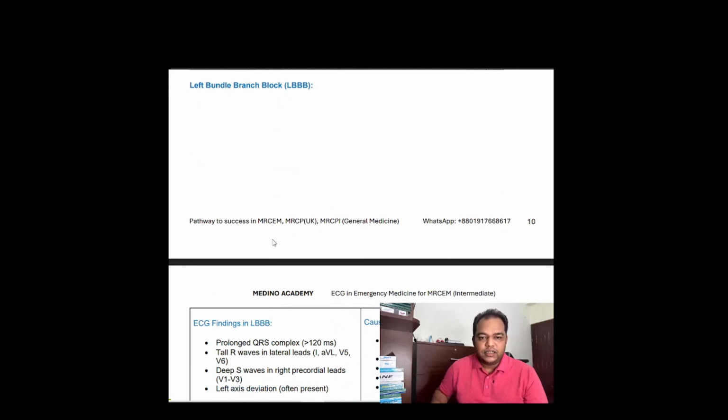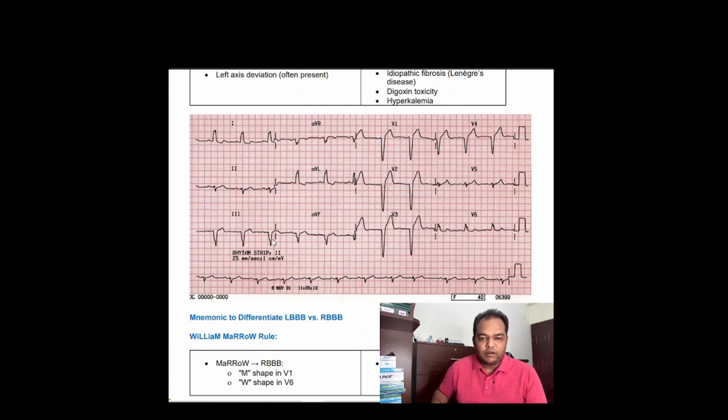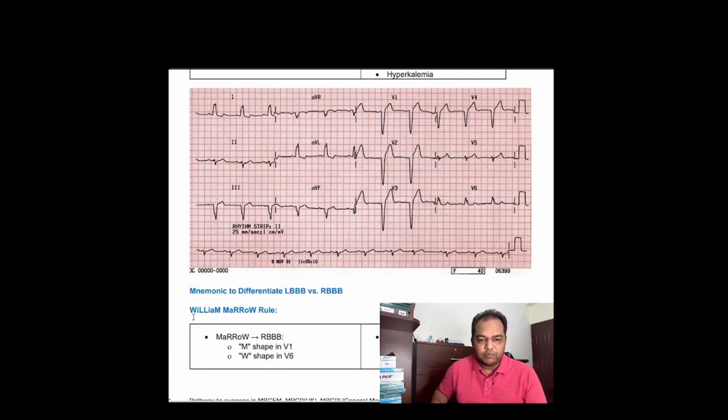There is an easy and popular mnemonic for right and left bundle branch block, that is Marrow and William. Marrow in case of RBBB, that means M shape in V1 and or V2, and W shape in V5 or V6 represents right bundle branch block. But when W shape in V1 and V2 and M shape in V5 or V6, it represents left bundle branch block.